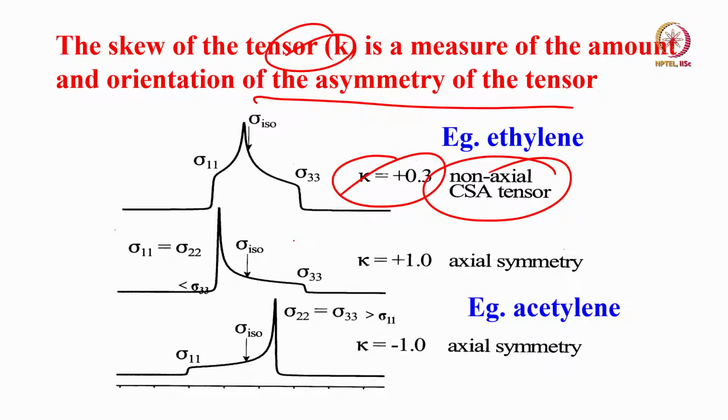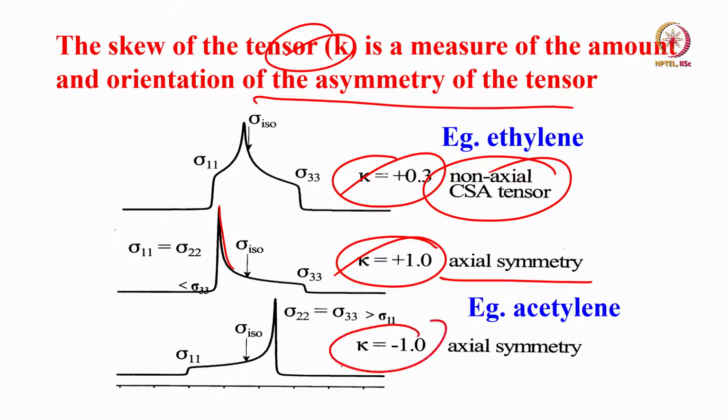For an axially symmetric tensor, let us say the skew parameter is plus 1, given as kappa. If instead of plus 1 it becomes minus 1, what is the difference here? You see, this pattern completely gets reversed. The skew of the tensor defines its orientation. So here the skew became negative, the orientation changed, that is all.